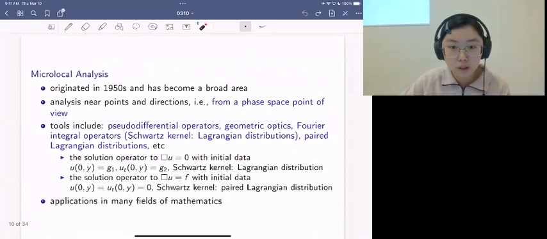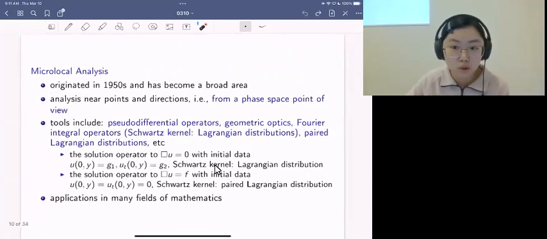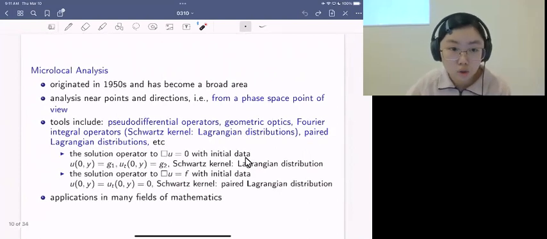To prove the theorem, we are going to use microlocal methods. What is microlocal analysis? The following two slides serve as a quick introduction to microlocal analysis if this is new to you, though I know there are many experts in the audience.